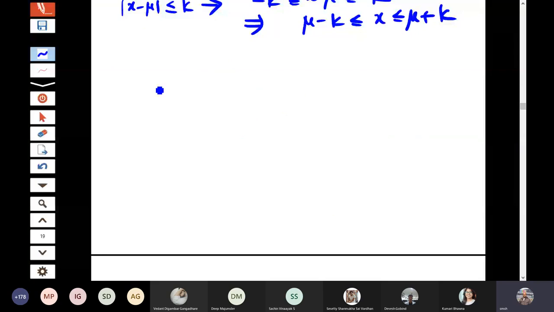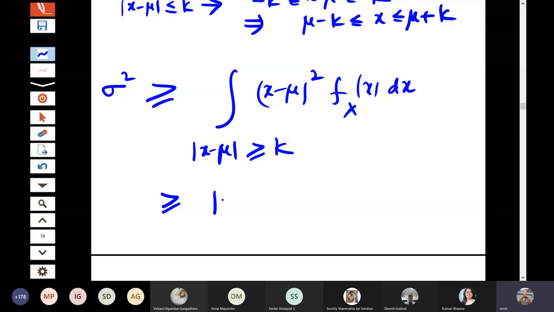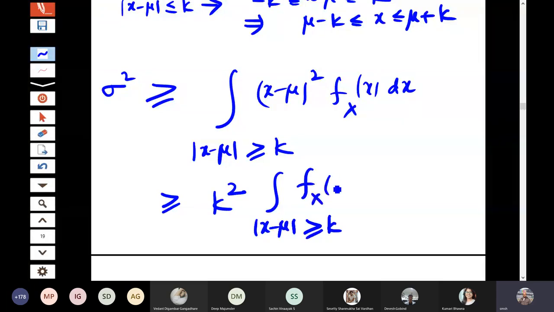So this integral, that is sigma square, will become greater than or equal to the integral over mod of x minus mu greater than or equal to k of x minus mu square f x dx. Now over this region I am saying x minus mu square is greater than or equal to k square. So I can substitute that value. So it is greater than or equal to k square times the integral over mod of x minus mu greater than or equal to k of f x dx.